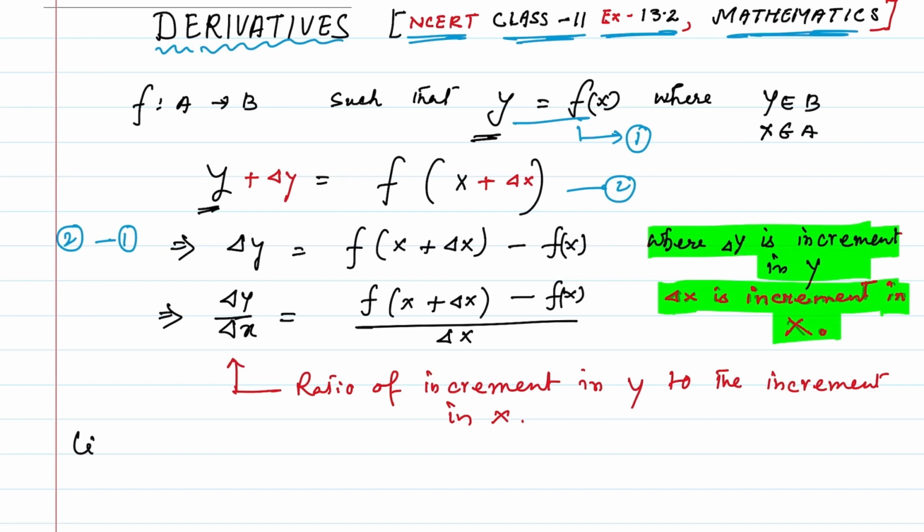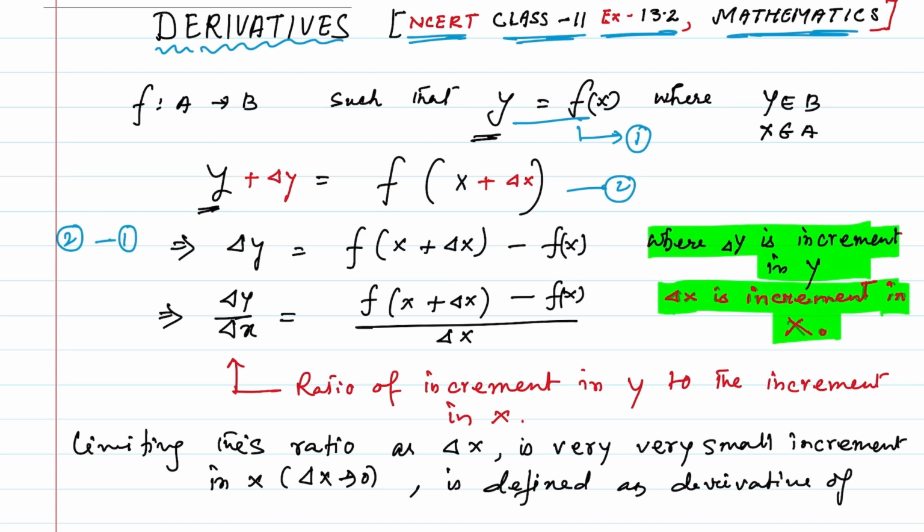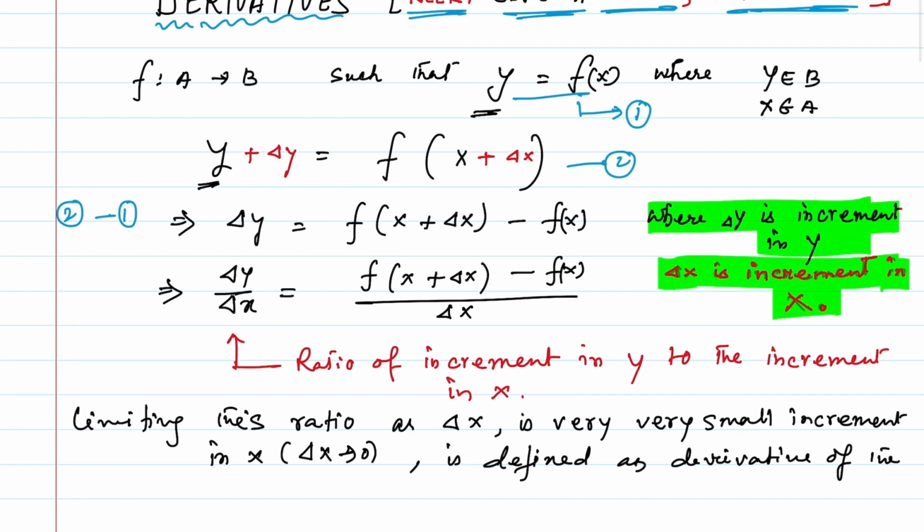Now limiting this ratio as del x, a very small increment in x, tends to 0, is defined as the derivative of the function f.